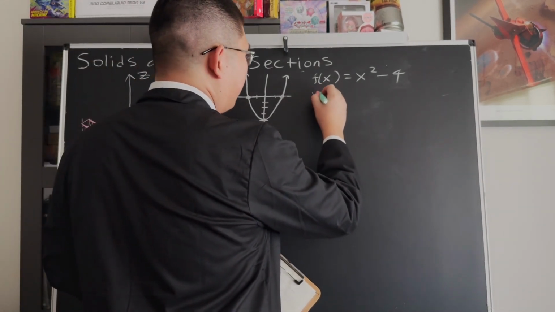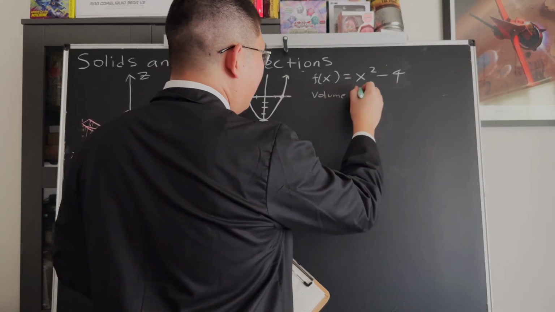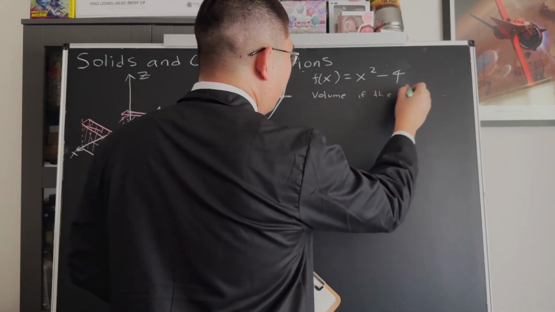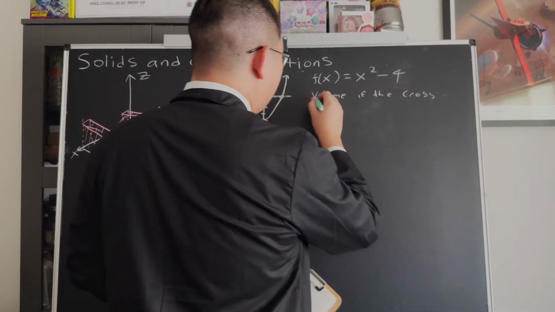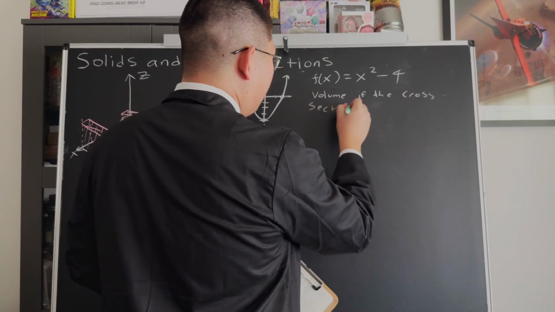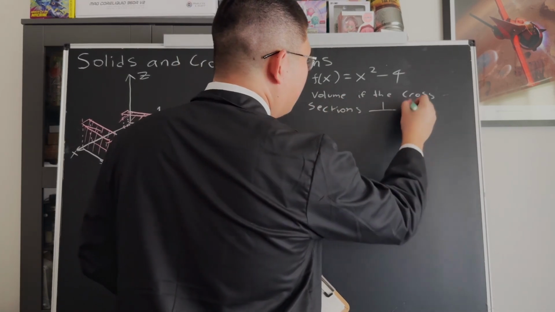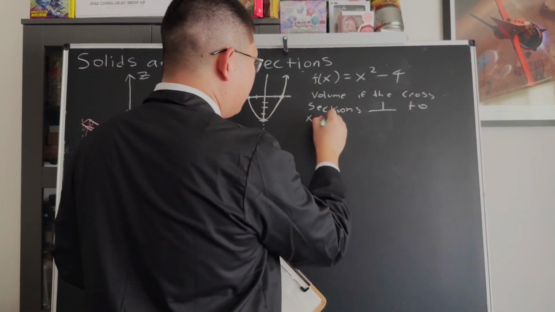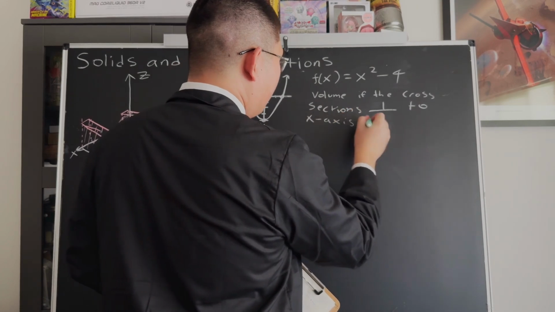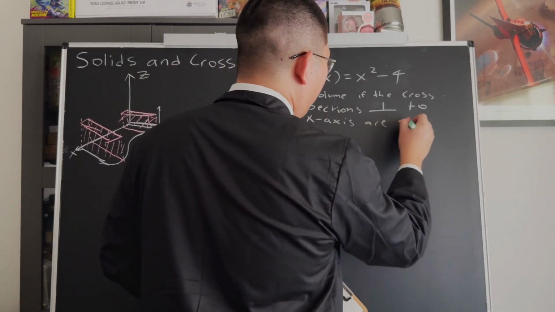They are asking to find the volume if the cross sections that are perpendicular to the x-axis are squares.